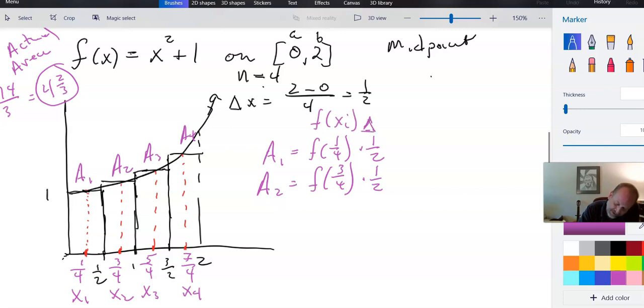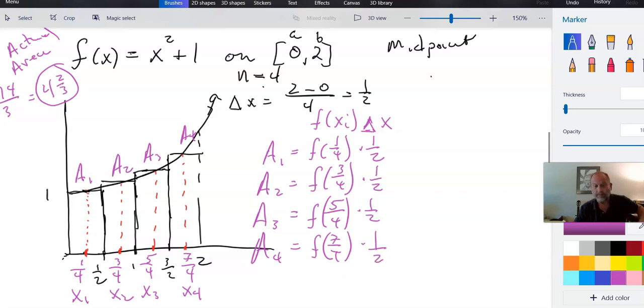You notice the only thing that has changed in any of these is what you're plugging into the function. A3 is f of 5/4 times 1/2, and A4 is f of 7/4 times 1/2. So we just need to compute these things.